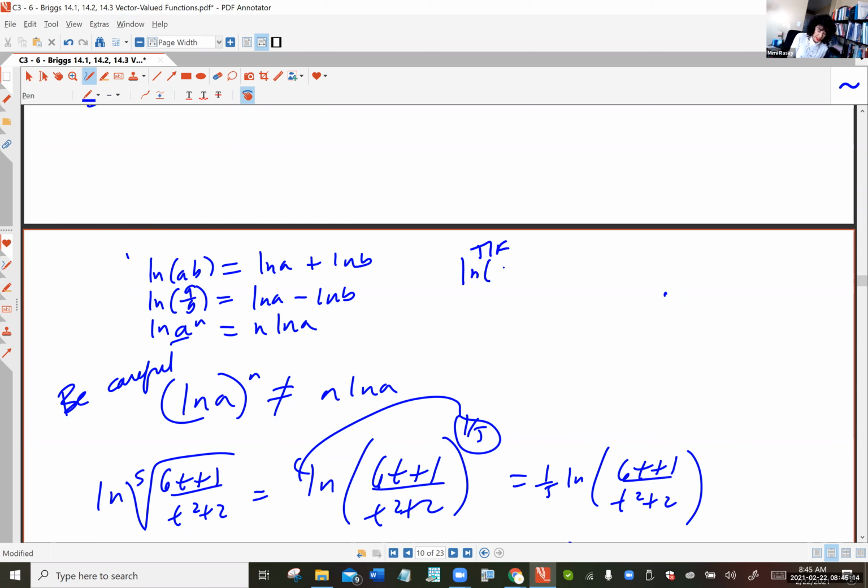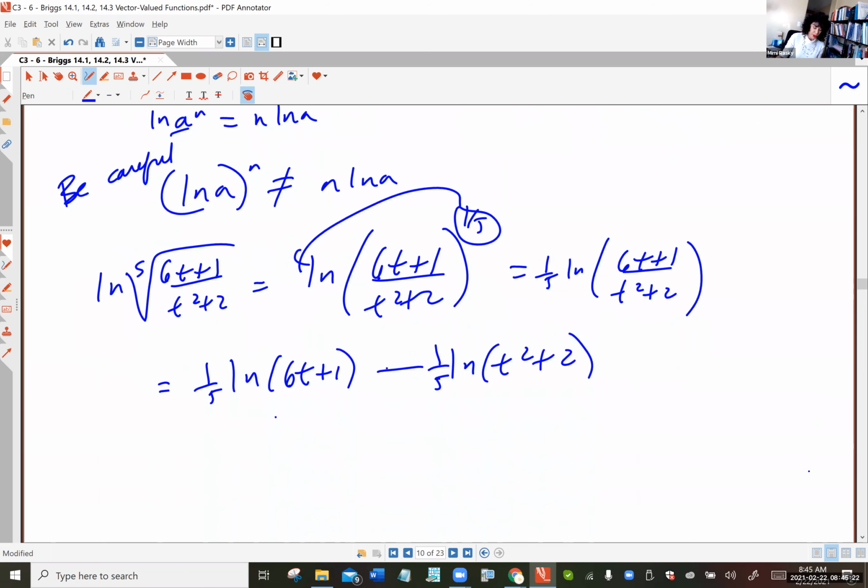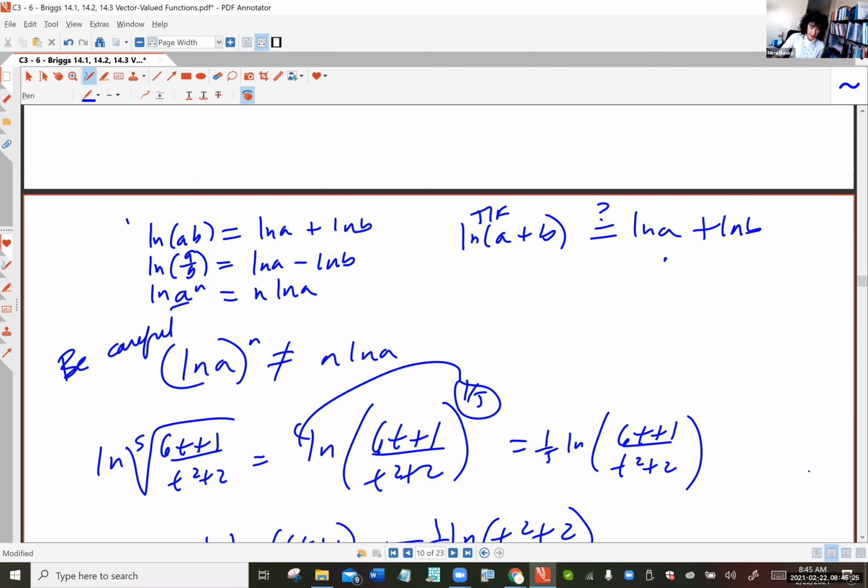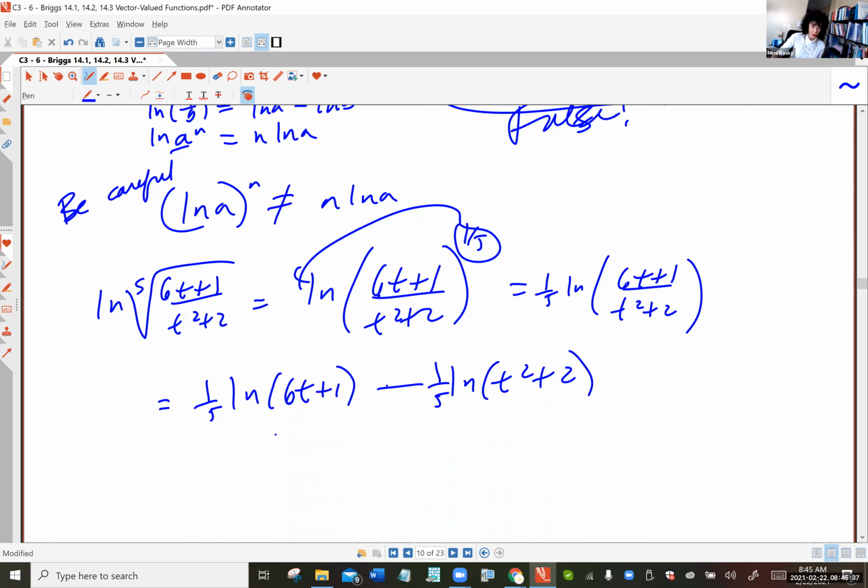Is ln of A plus B equal to ln of A plus ln of B? And if it's true, then I can keep expanding, yeah? True or false? That's false, right? Good, that's false. Do not take a sum as the argument and break it out. That's not even true, not even close. So we're done here. Now what?